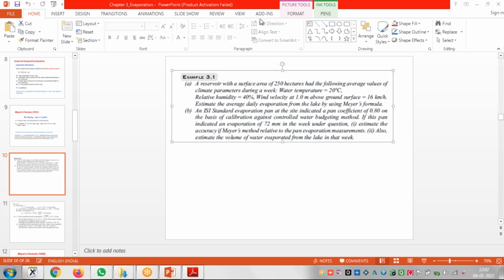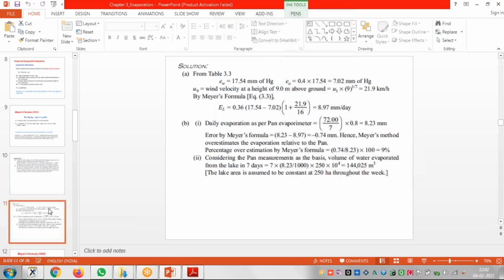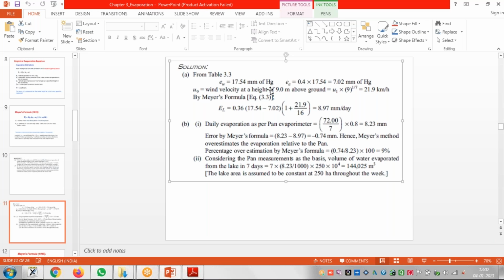So here, see, this is mm of Hg, EA and EW values are given, and wind velocity U1 is given. This formula is applied and we got it in kilometer per hour using this equation. That is what equation?